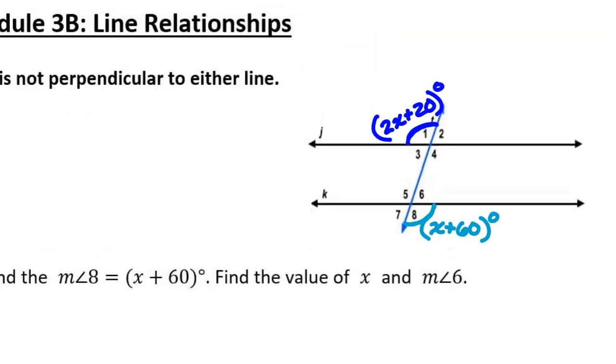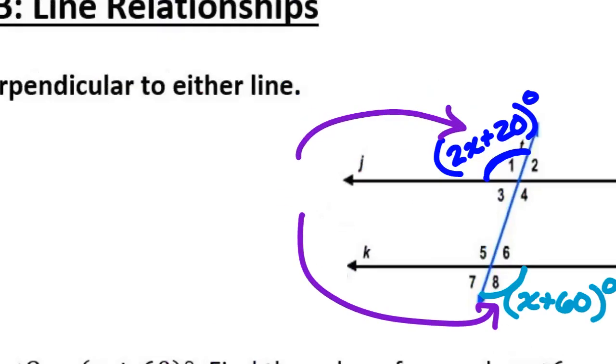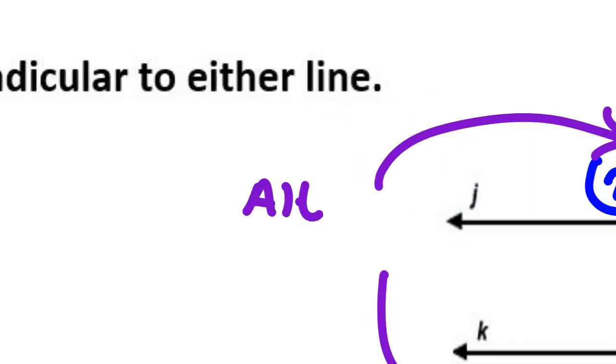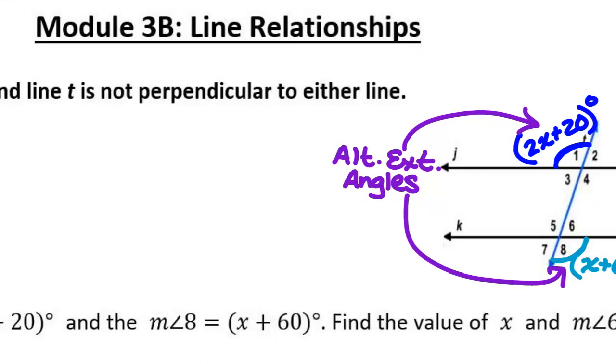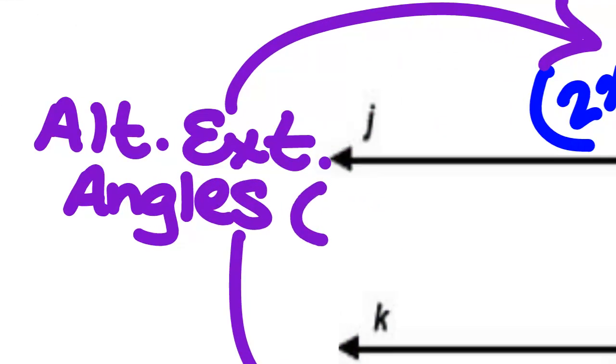What do we call that pair of angles again? Alternate exterior angles. What's the relationship between alternate exterior angles? They are congruent.